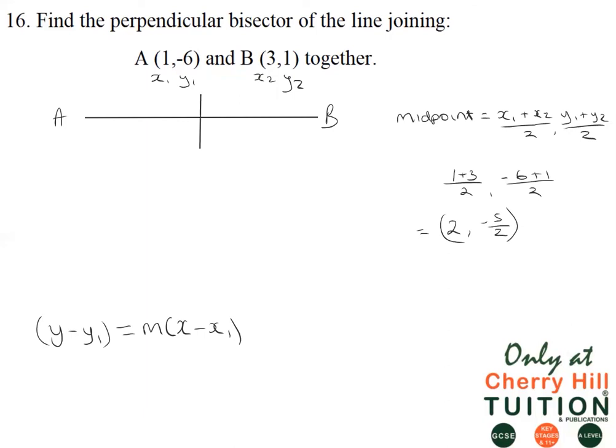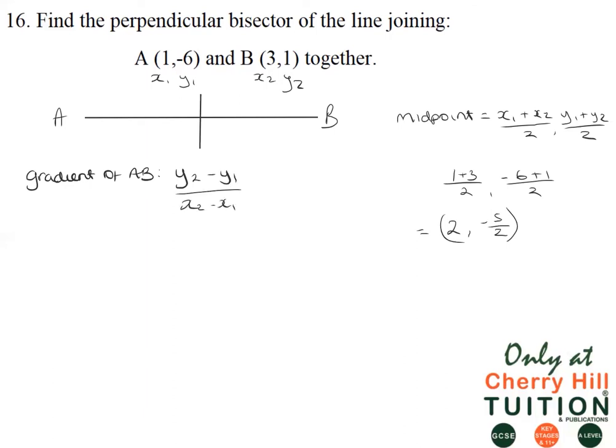And now we need the gradient of the perpendicular bisector. So the gradient of the perpendicular bisector we can work out by working out the gradient of AB and then working further. So gradient of AB can be worked out by using y2 minus y1 over x2 minus x1. So it's 1 minus 6 over 3 minus 1, and this leaves us with 7 over 2.